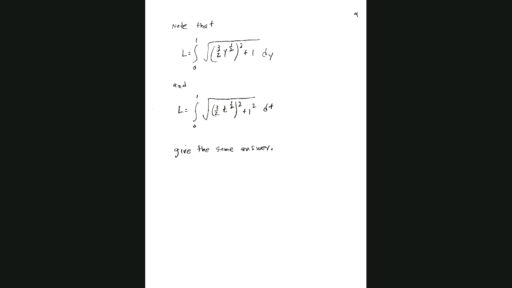And another thing I'll note here: the first method, you got an integral with respect to y. The second method, an integral with respect to t. But you'll note that both integrals will give the same answer. Sometimes students think, oh, a different variable, I'm going to get a different answer. Not so. The integrand is the same for both of these integrals, and the limits are the same for both. So you're going to get the same answer.